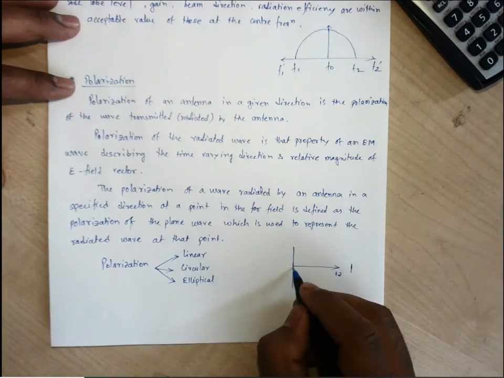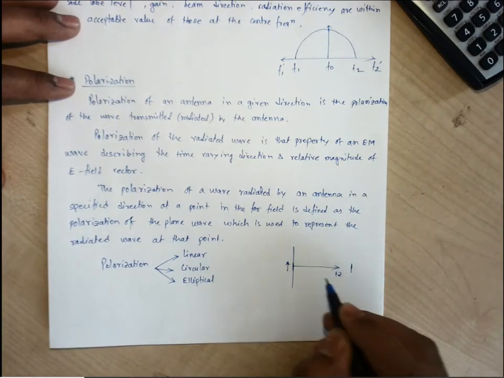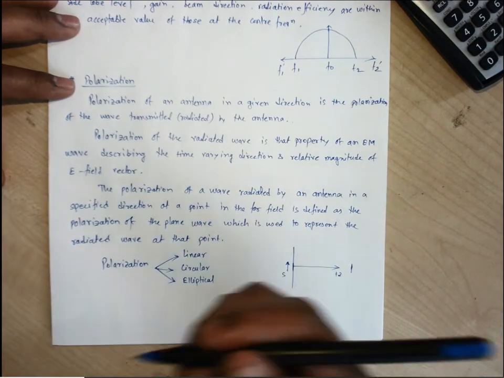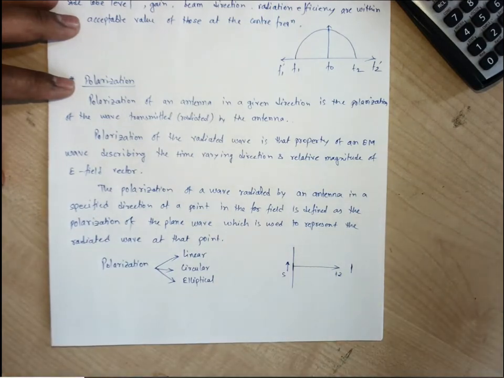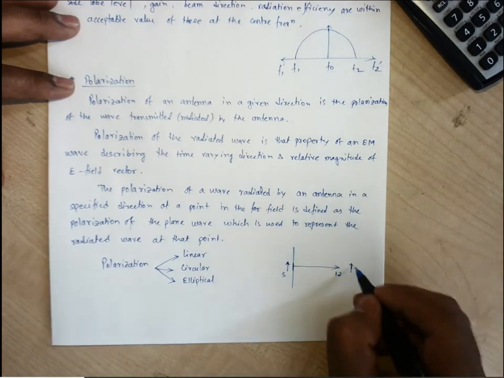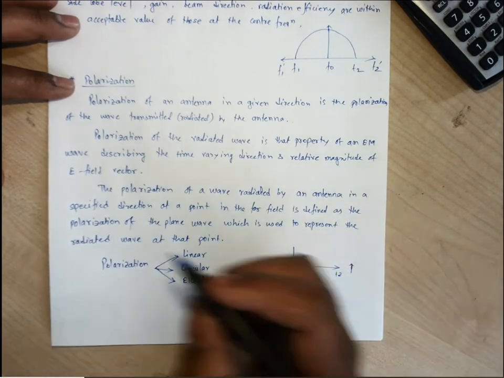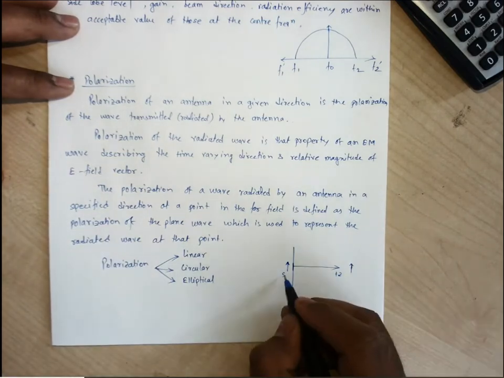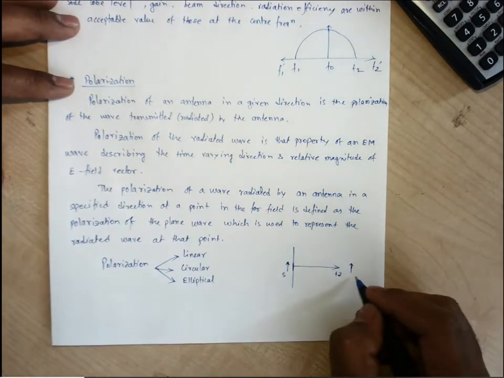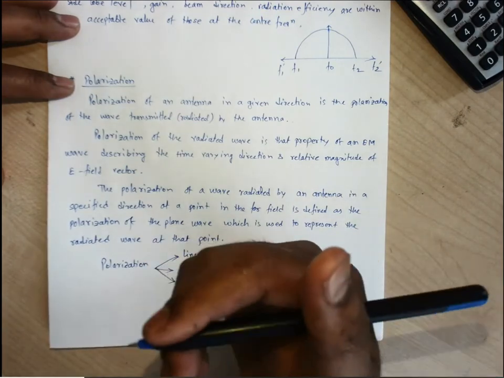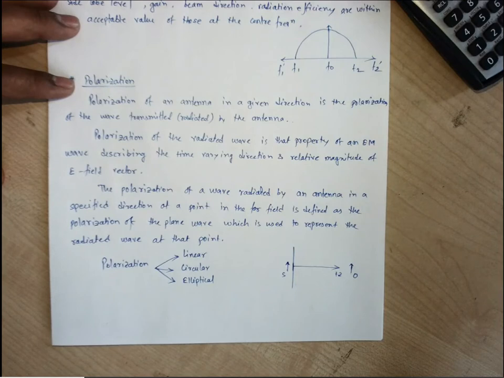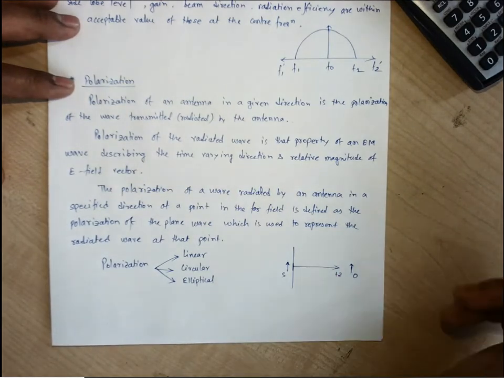For a source standing at this point, the wave propagates to the right-hand side, going out of that source. For the observer, the wave is coming towards the observer, so we need to consider that the wave is propagating in the minus z direction. Taking this consideration, let us start the analysis with linear polarization first.